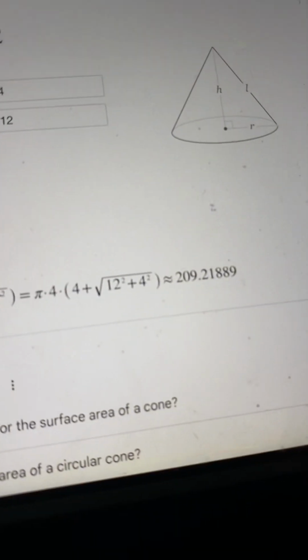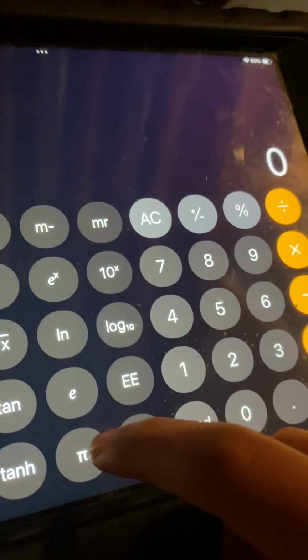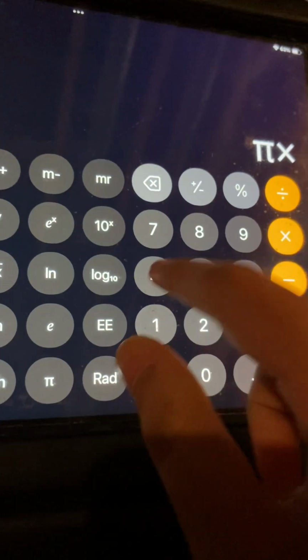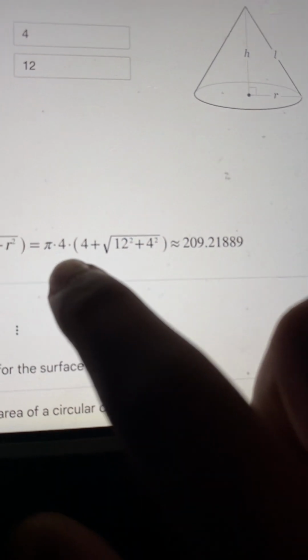If we do this again, we have to be very careful here because we have to use parentheses at a certain time. So pi times 4, that is the first step. Pi times 4 is the first and easiest step. But then we have to multiply that by this large value in parentheses.